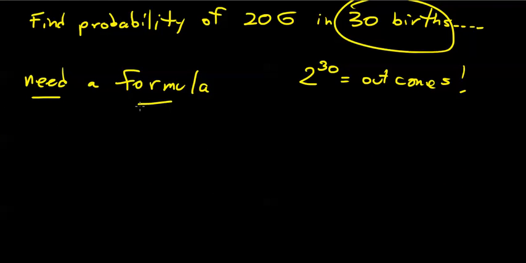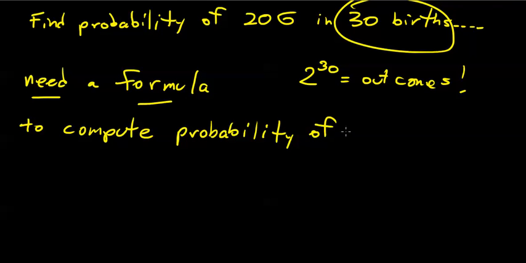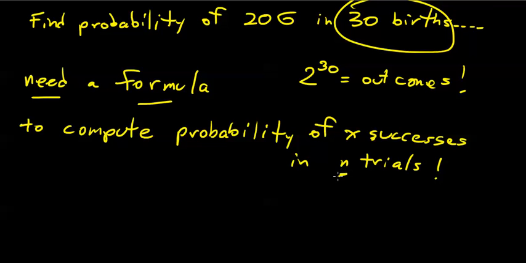We need a formula to compute, and in general, we'll talk about the probability of X successes in N trials. So this is our goal today, to develop and get some practice using what we call a binomial probability formula.